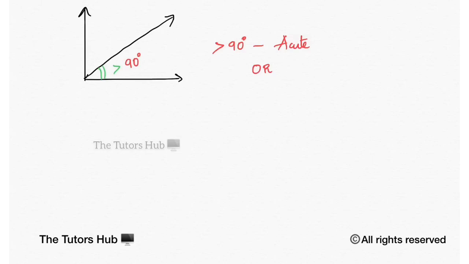A line with an angle theta less than 90 degrees is always called an acute line, and it is called obtuse if and only if the value of theta lies between 90 degrees and 180 degrees. Okay, that is how we solve the problems in geometry. Between 90 degrees and 180 degrees, it's obtuse.